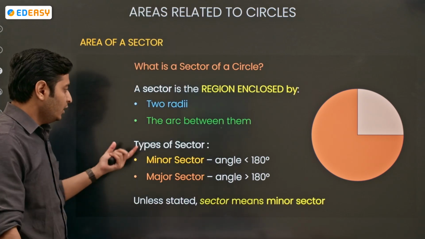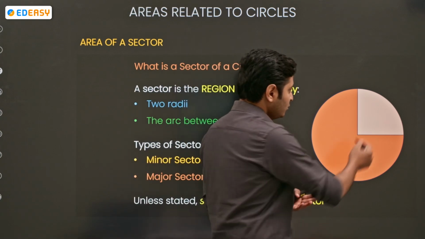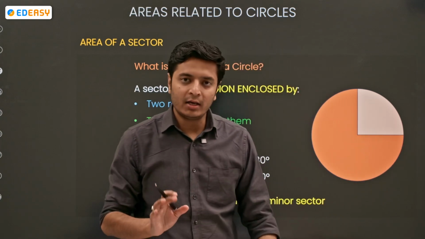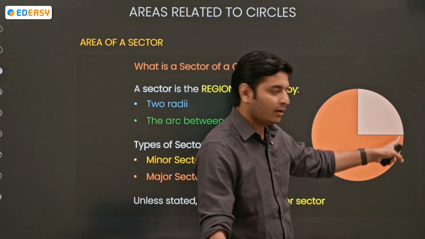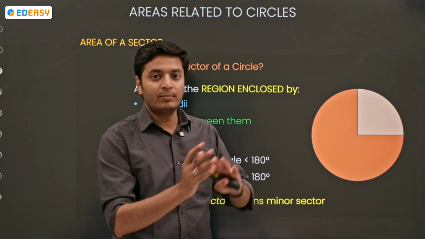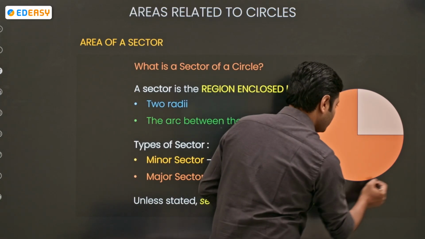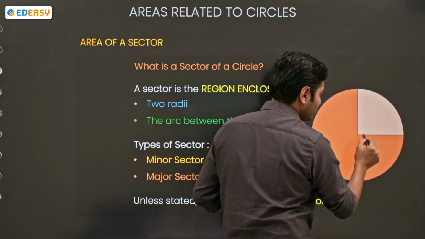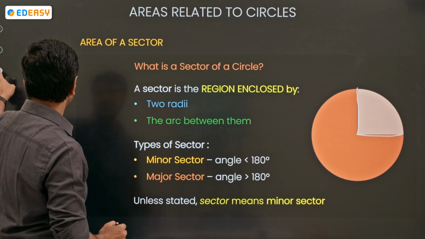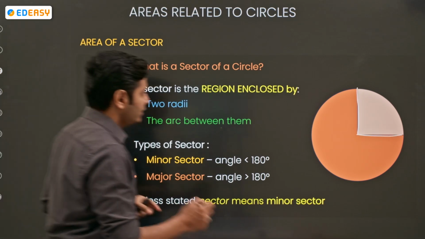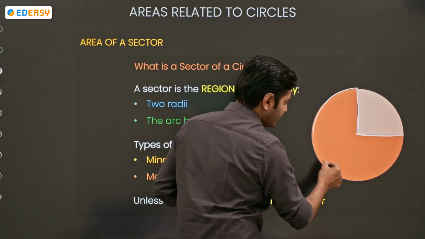Now, types of sector. As you can observe here, look at the faded part. This faded part is the region enclosed between two radii and an arc, correct? But look at the other part, which is solid orange in color. This portion is also between two radii and this arc.